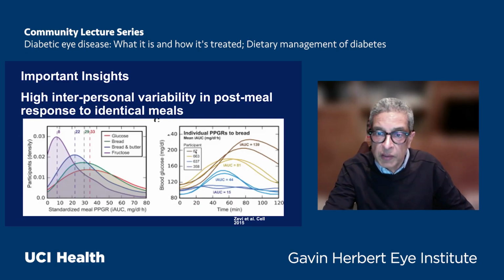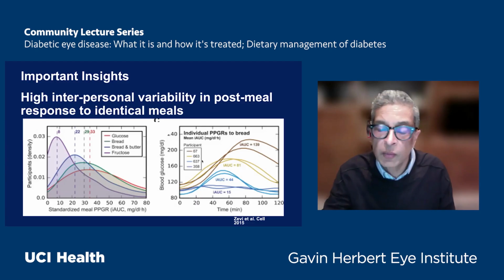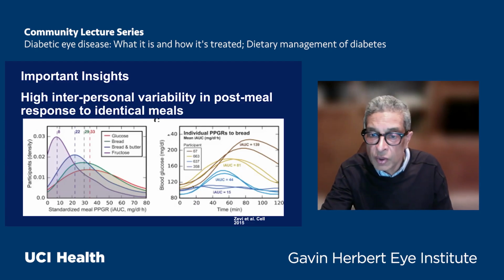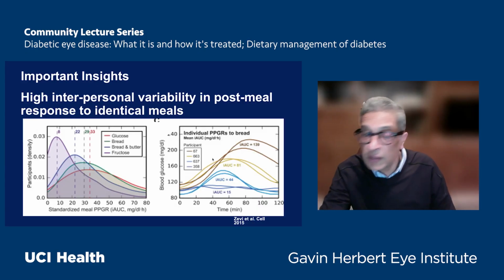You can see participant number 67, 663. They tested close to 900 people, and the blood sugar levels can be nearly flat in response to a test meal, or very high in response to the same test meal in a different individual.